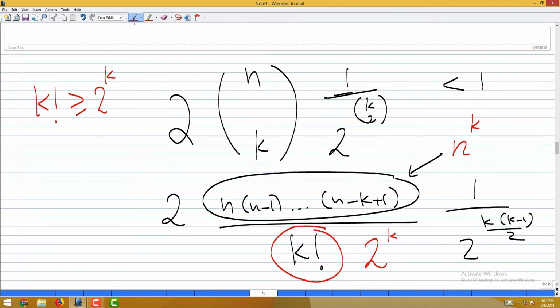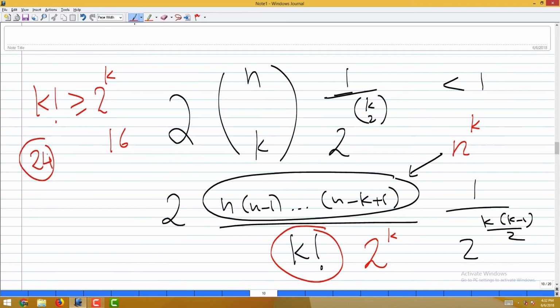k equal to 3, 3 factorial, 6 is greater than, no, 4. Correct now. 2 raised to 4 is 16, and this is 24.